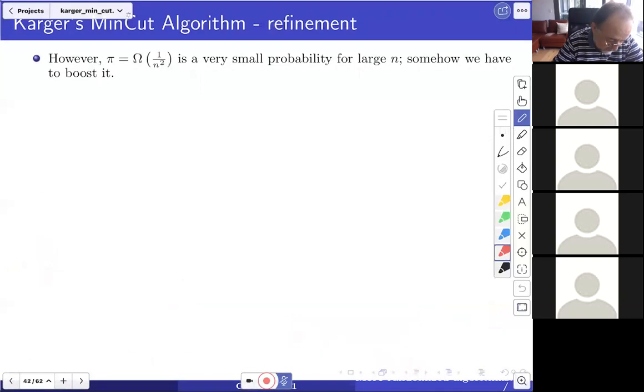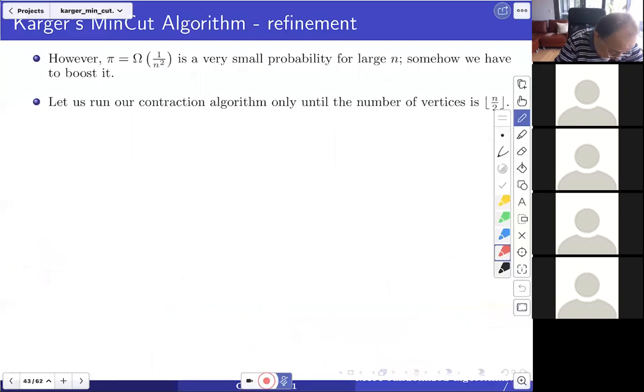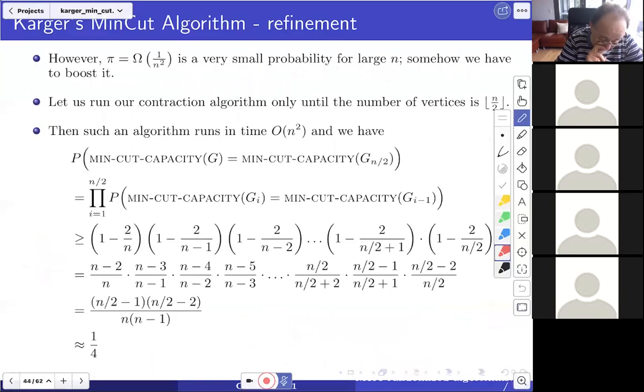Notice that if you run the construction not until you get a single edge, but until you contract half of the edges. Sorry, not half of the edges, but in each contraction you lose one vertex, right?